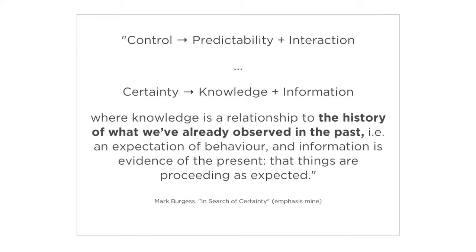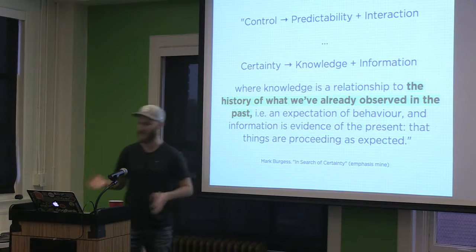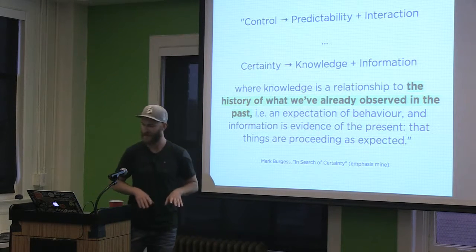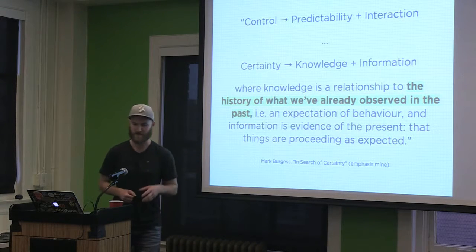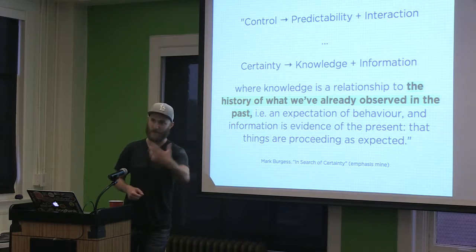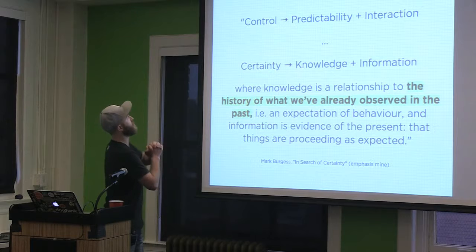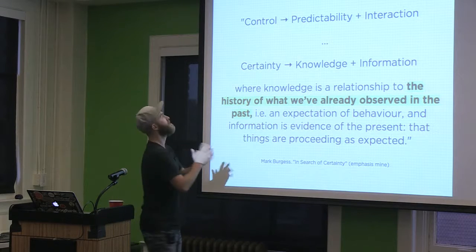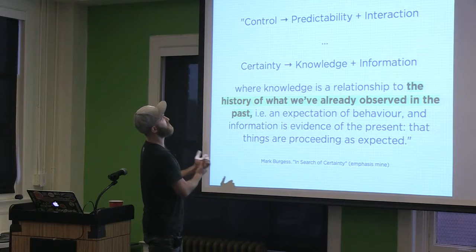Then, as I'm preparing for this talk, Mark Burgess drops a gift in my lap. He's the guy who made CFEngine, and then Puppet and Chef, and I think now SaltStack. I'm not sure how they all compare exactly, but I think they're all based on the same notion of convergent operators enforcing a declared state, the policy that we've been talking about over time. And in this book, very early into it, so I didn't even have to finish it, it's very long, he says, control is predictability plus interaction.